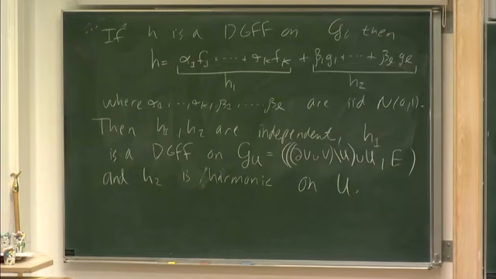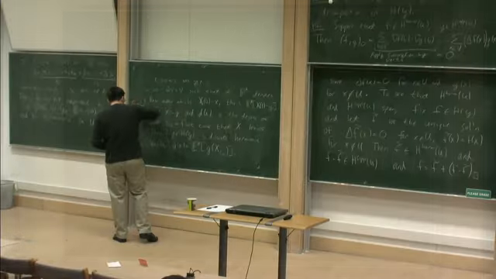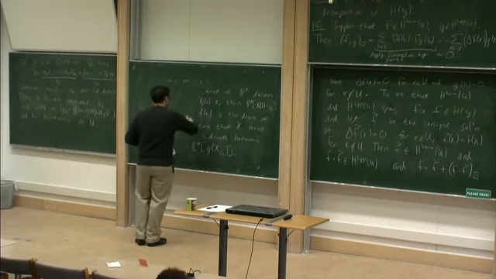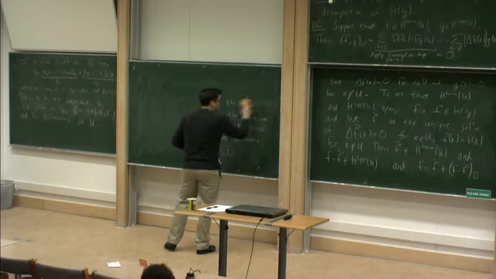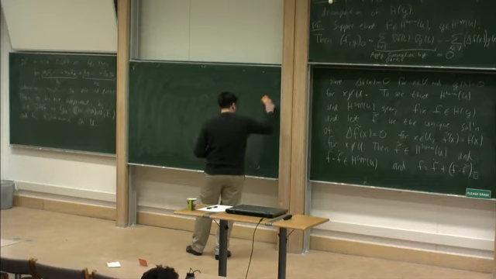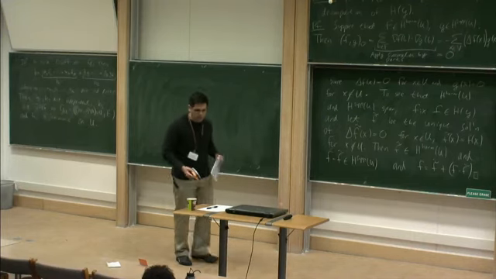So what I want to do now is just state this property in the way that people usually think about it when you actually use the Markov property for the Gaussian free field.